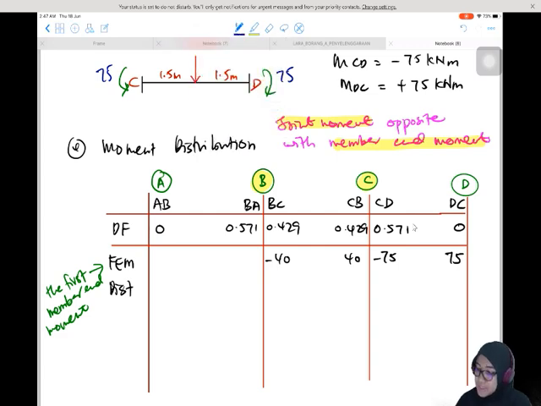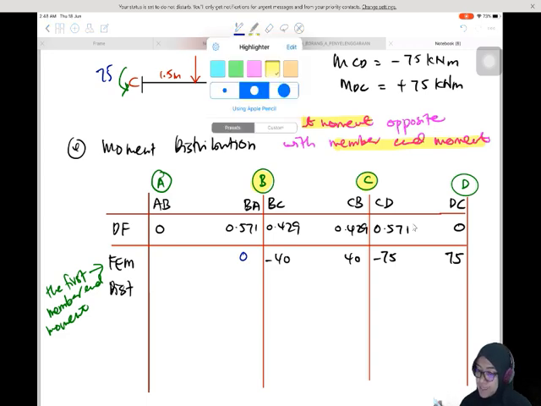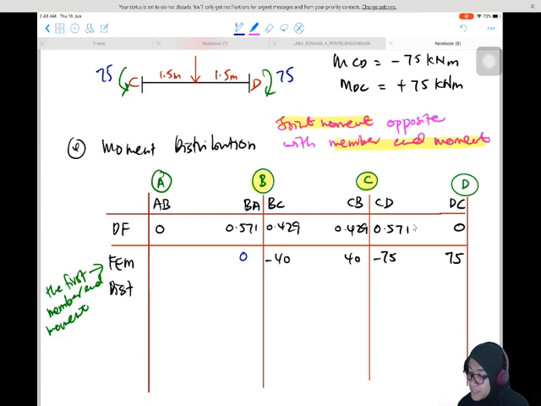It is like this. This is 0, right? Okay, but we don't write the 0. So the total moment at B is the total member end moment.